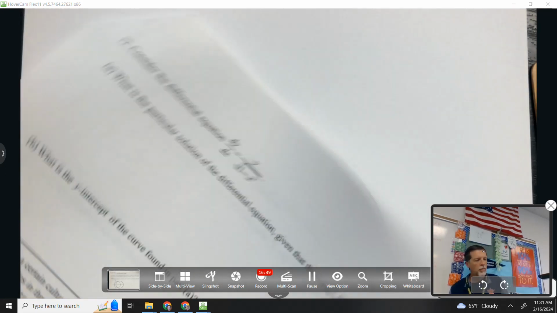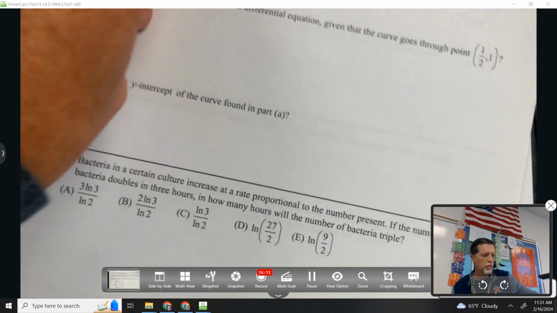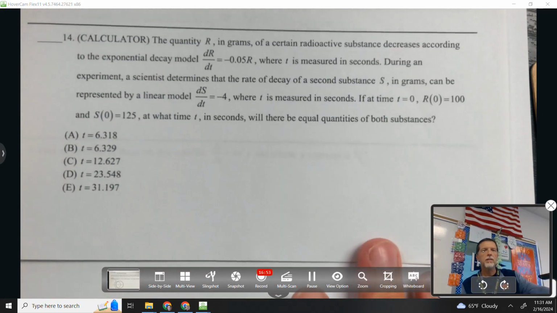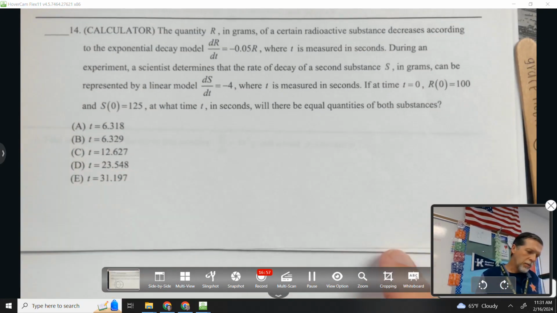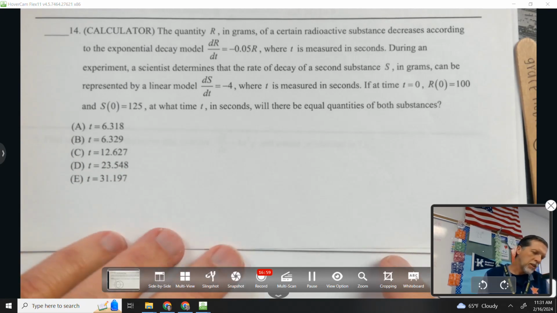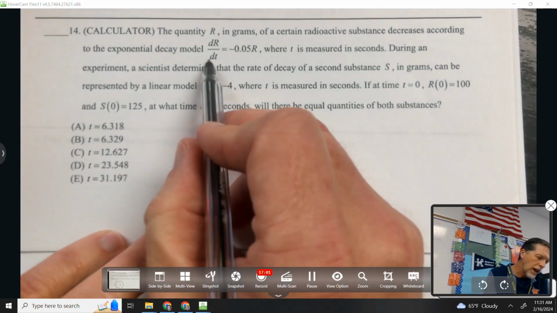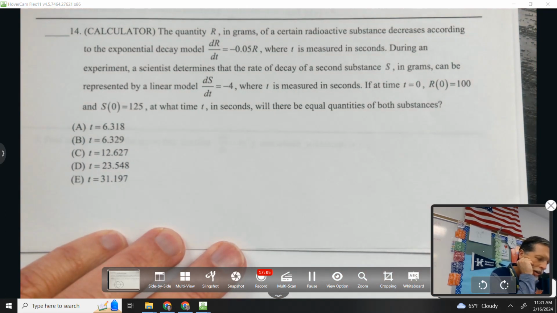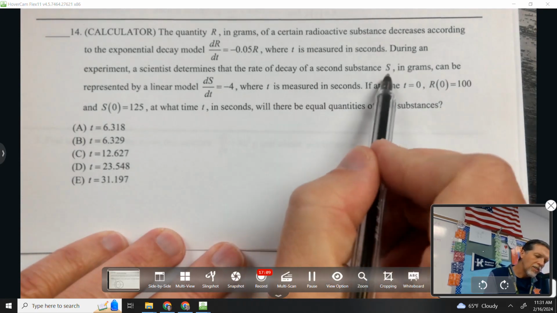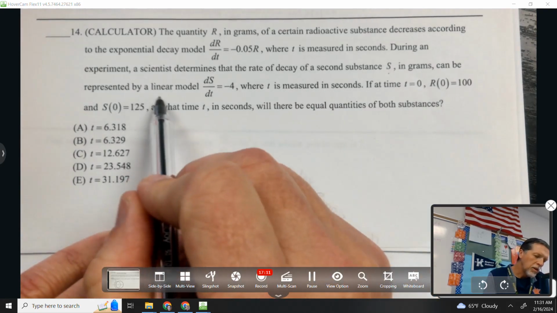All right, let's look at number 14, a little calculator problem. Quantity R in grams of a certain radioactive substance decreases according to the exponential decay model, right there. During an experiment, a scientist determines that the rate of decay of a second substance can be represented by a linear model.